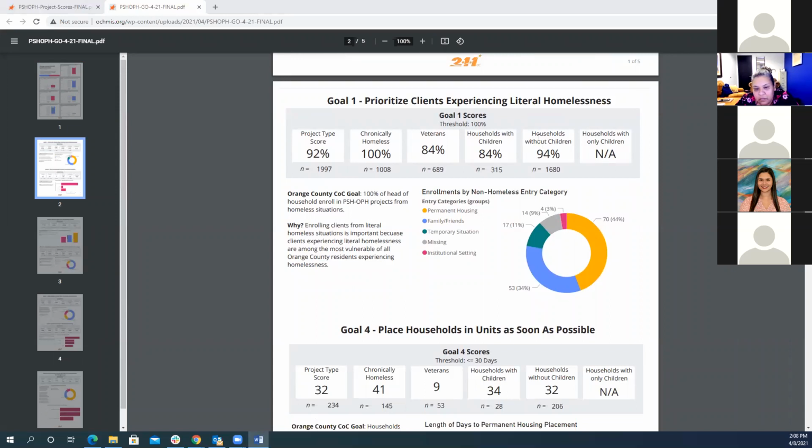The households with children is a little bit lower, which I thought was interesting. I kind of wanted to ask about that, but there's not a ton of PSH providers on now. I don't know if any of you have any thoughts on why the households with children would be a little bit lower from entering from homelessness.